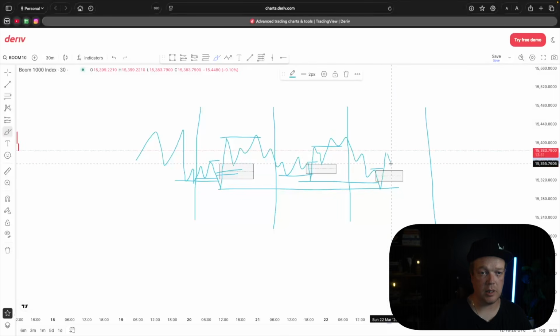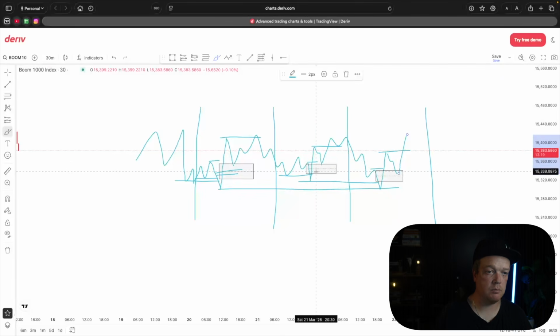Then we wait for price to retrace, and then we target the highest point of this impulse move, and we go for our target, and we are going to put our stop loss below our zones. So that's where our stop loss is going to be.